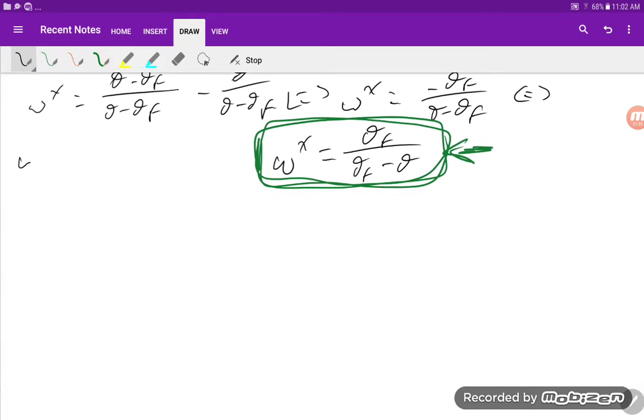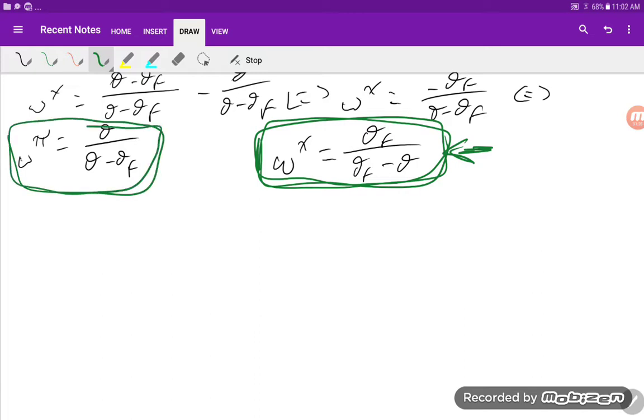Just to have them both up here for you, I'm going to rewrite that there. All right, so we're going to put those into equation 1.